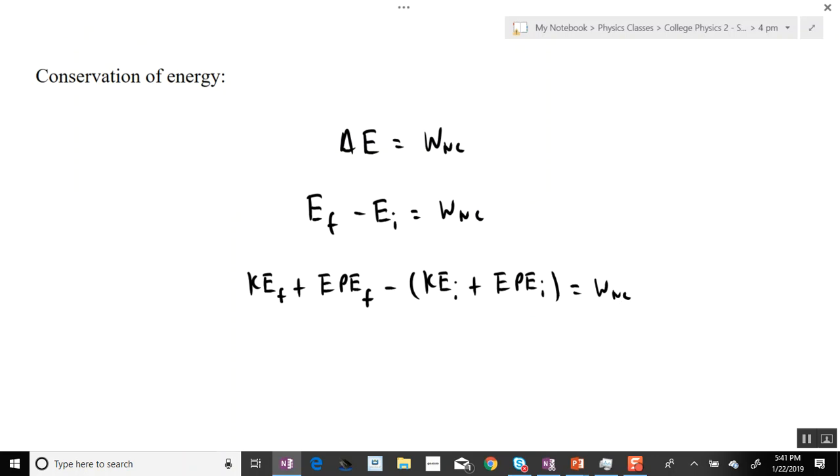We're going to simplify it on Thursday. So when you sort of distribute this negative sign through, this becomes KEF minus KEI. This becomes EPF minus EPI, right?